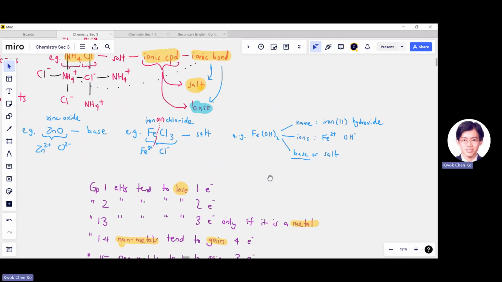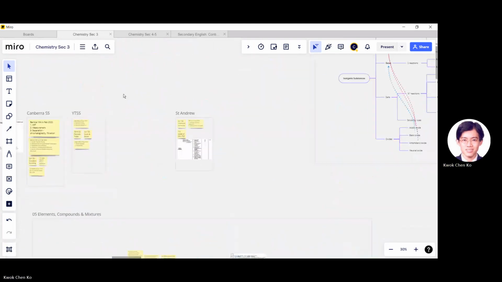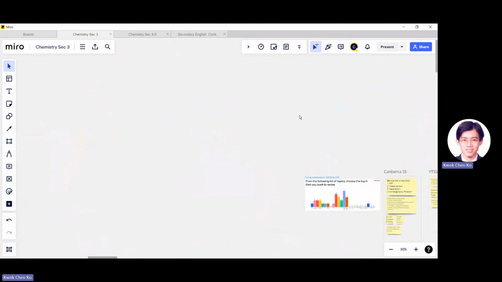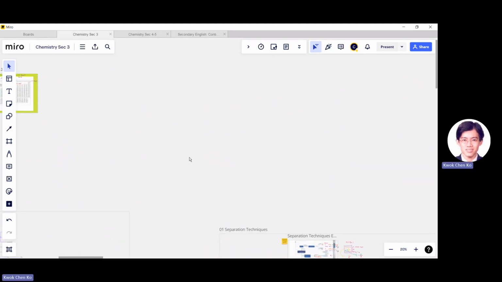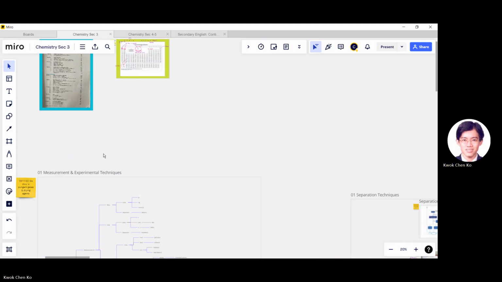But any questions about chapter 1? Or if you even remember what is chapter 1? Yeah, measurement methods, gases, and separation techniques. Any questions about separation techniques? No. Okay, not yet anyway.